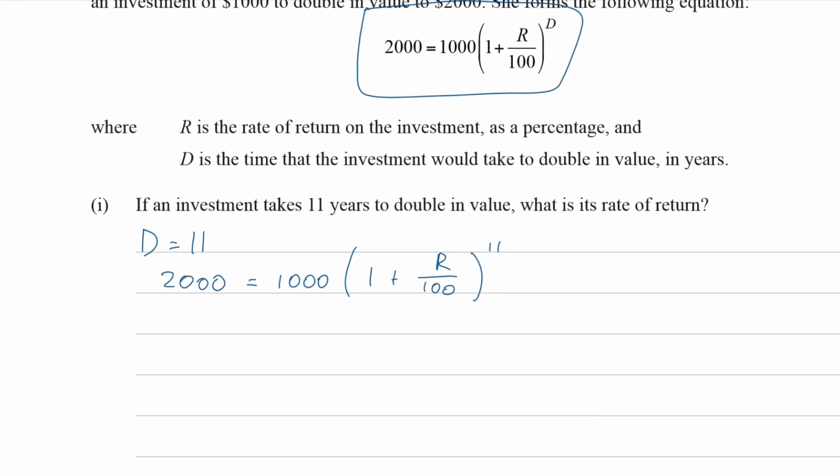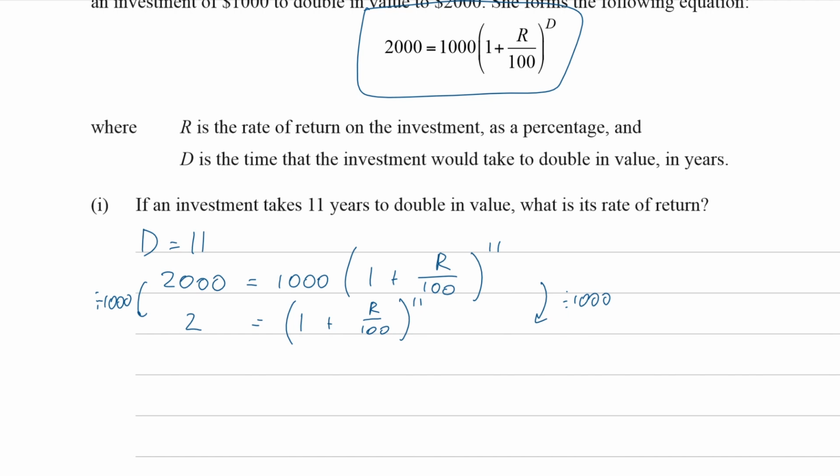So we could divide both sides by 1,000 to eliminate this 1,000 here. 2,000 divided by 1,000 is 2. 1,000 divided by 1,000 is 1, so I don't need to write that. I'm left with 1 plus R over 100 to the power of 11.